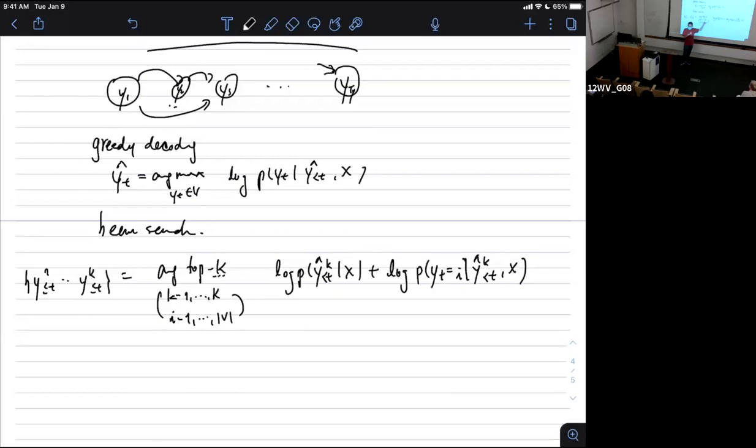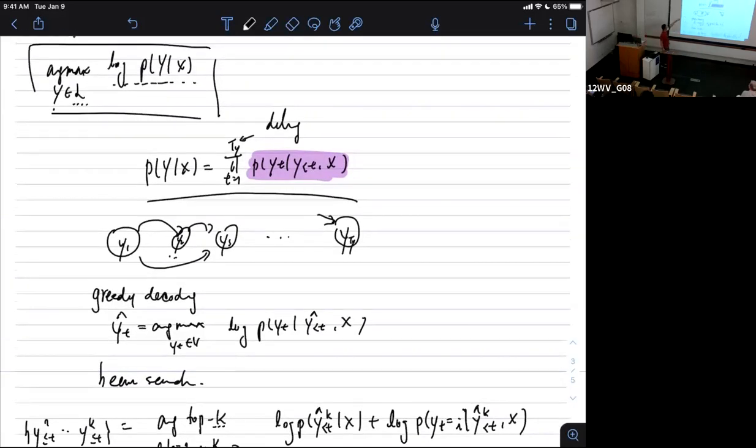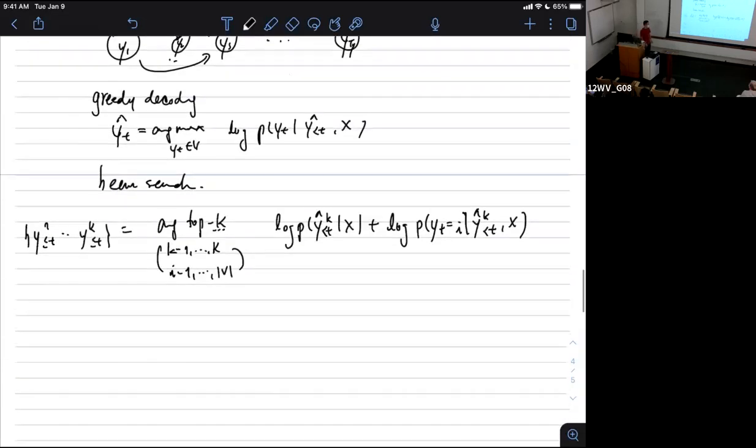So the quality of the search, determined by the log probability of the resulting sequence, does not increase monotonically with respect to the size of your beam. That's a bit of an unfortunate thing about beam search. If we had that kind of guarantee, it would have been so much better. But we really don't have that guarantee.